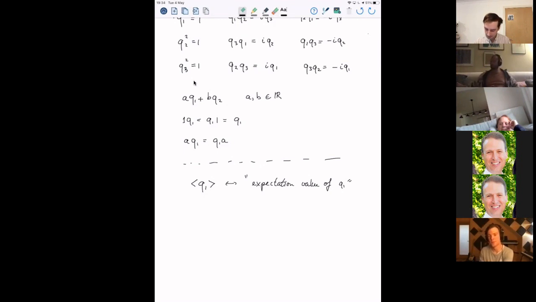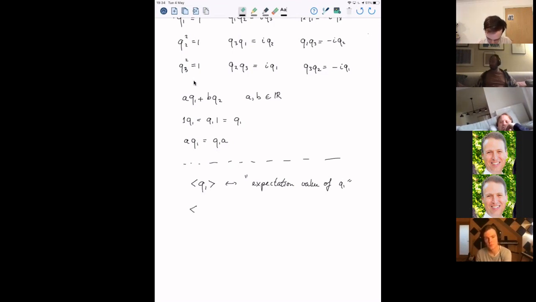To give you a brief overview of the properties of the expectation value, which again is just the thing that I'm defining here, I draw these brackets on the left and right hand side of Q1, and I say that's the expectation value. But the expectation value also has certain mathematical properties.